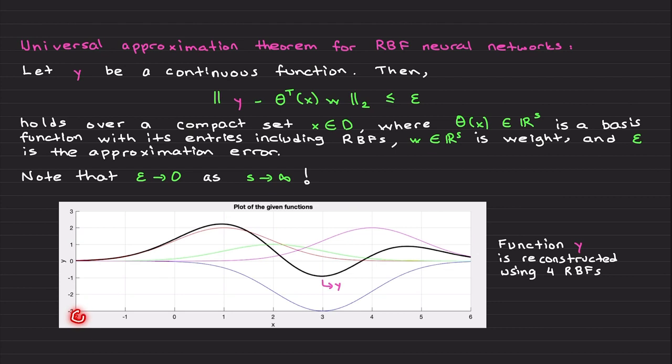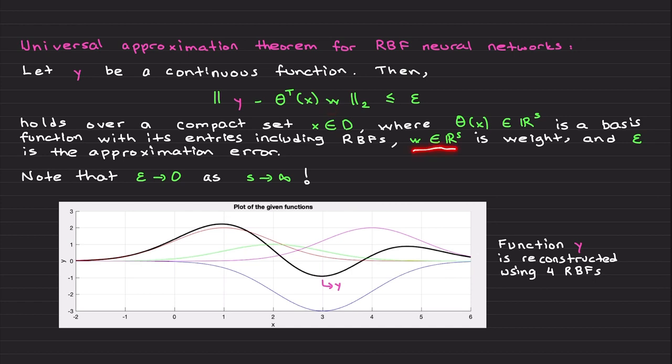Let's say, for example, this D is between -2 and 6 in the next example that I am going to show you. Theta of x here contains the basis function. Basically, it will contain radial basis functions and its entries.